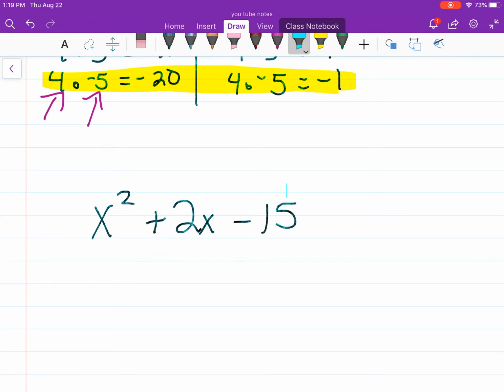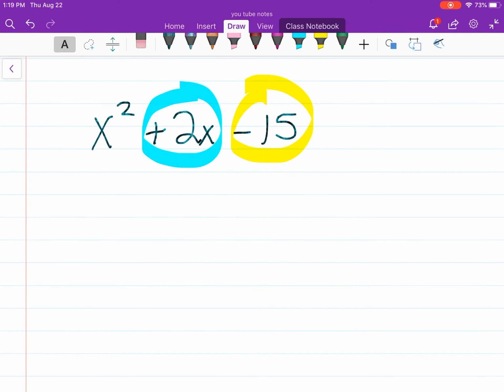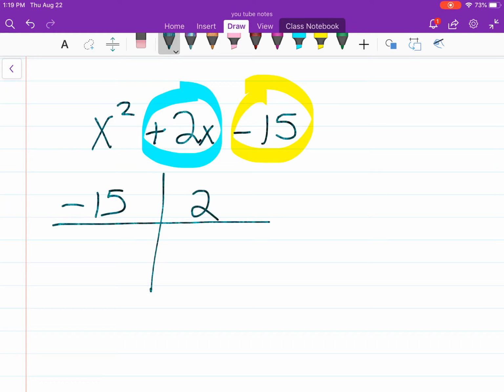So we're going to look at the factors of 15 that will add up to a positive 2. Negative 15 and then positive 2. So these are your factors. And this is your sum, or your adding. So negative 1 times 15, 1 times negative 15.